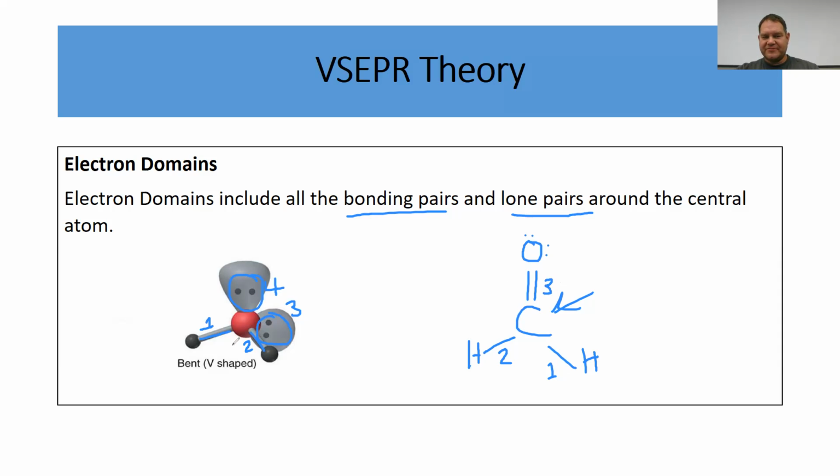So four domains over here and three domains here. These lone pairs, because they're not around the central atom, do not count as domains. They have to be around the central atom. That's really important in predicting the molecular geometry of these molecules.